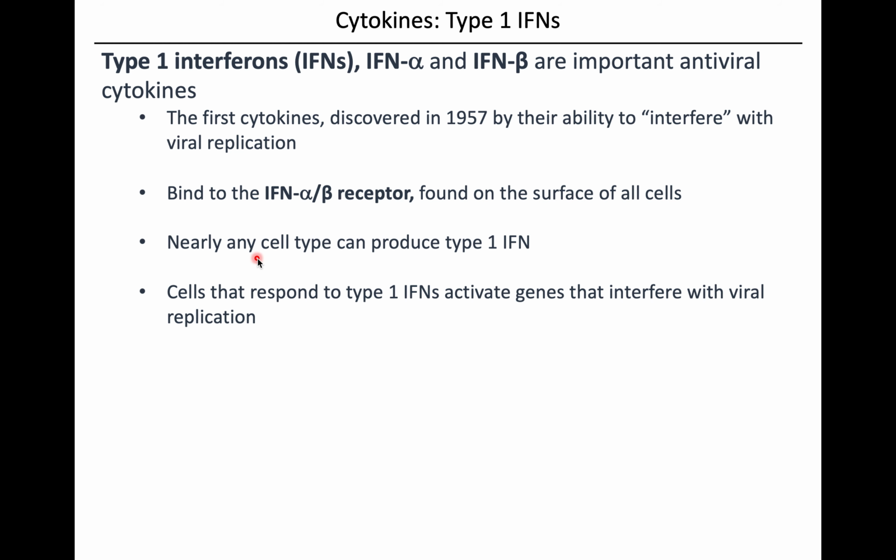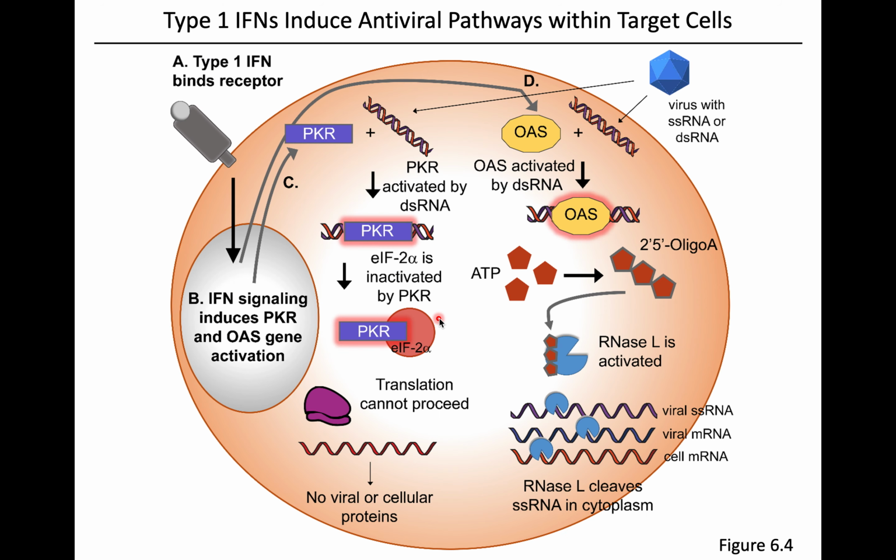And for that matter, pretty much any cell type in your body can also produce those type 1 interferons. So this is a pretty universal system. And the cells that are then responding to these interferons are activating genes that are specifically interfering with viral replication, and primarily really with viral translation.